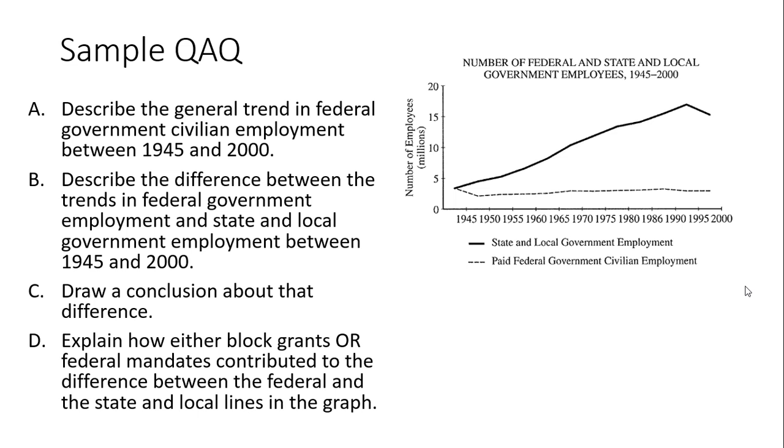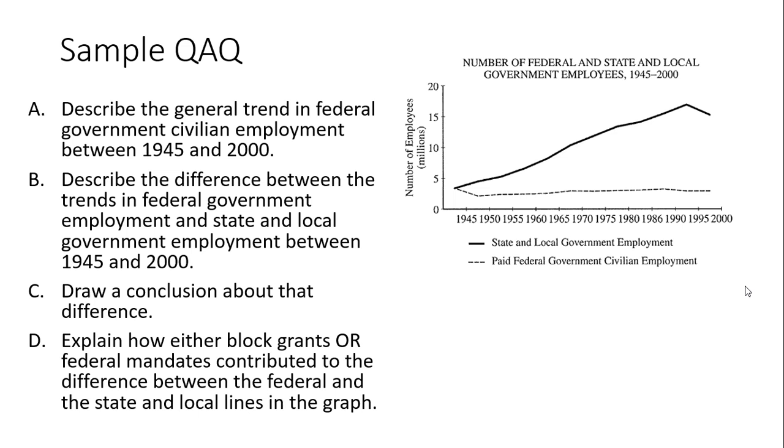You might say the reason that the state and local line has gone up so high is because of block grants, okay? But if you did that in C, you can't do it again in D. You're never going to say the same thing twice in an FRQ. There's only 4 FRQs for them to get a sense of your knowledge of government. If you're repeating yourself in them, you're not earning points.